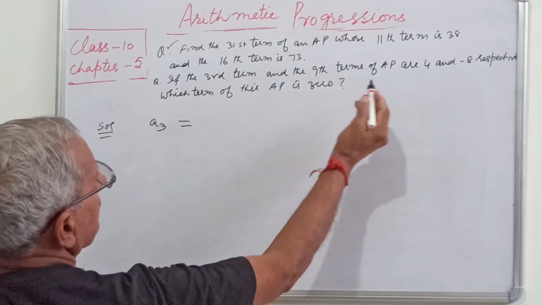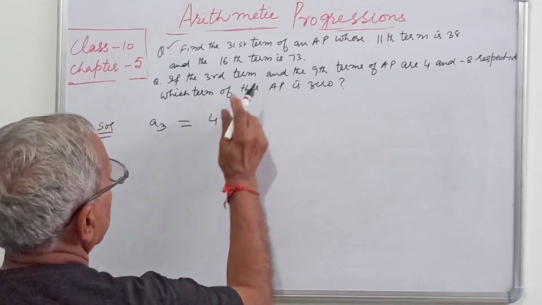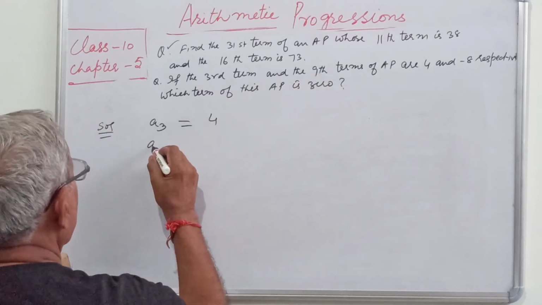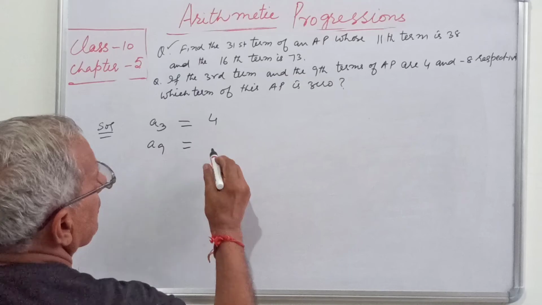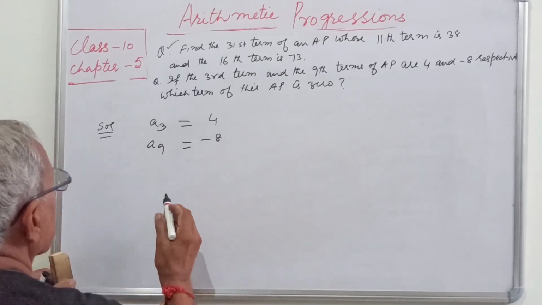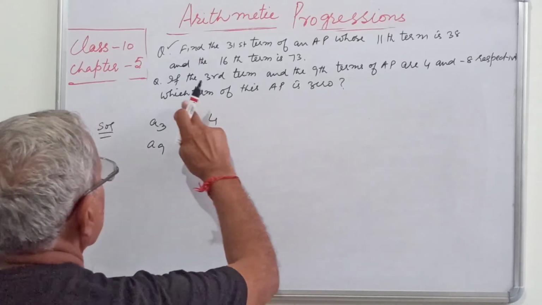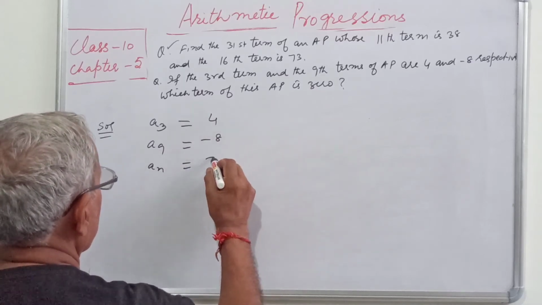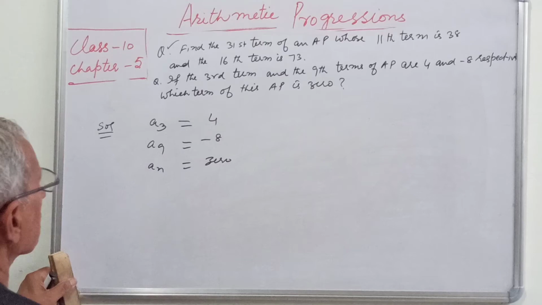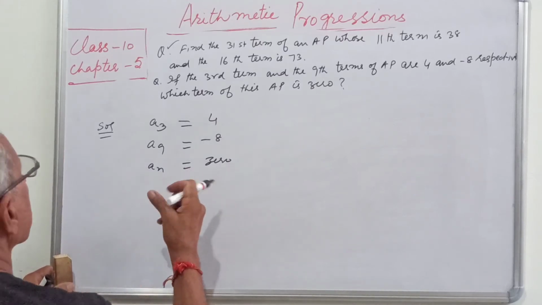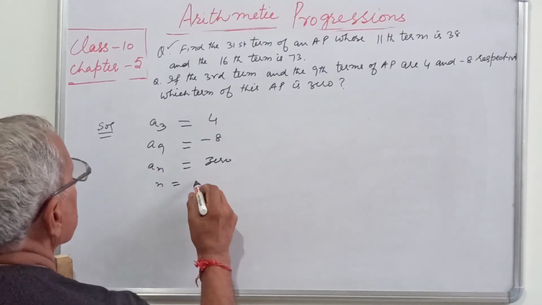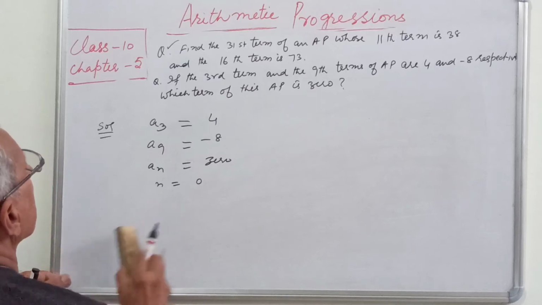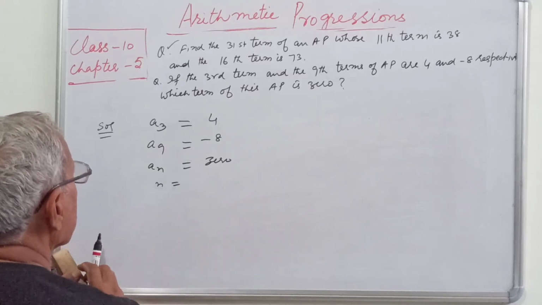A3 is 4, whereas A9, the ninth term, is minus 8, and An is 0. So you have to find the value of n. For that we have to find d and also a.